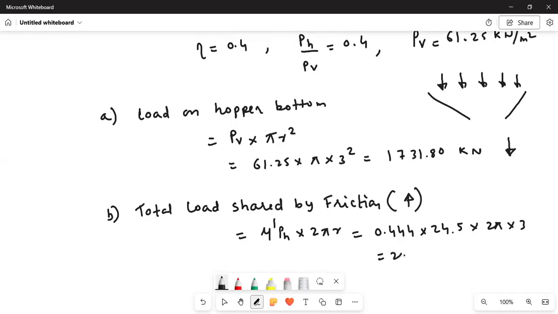This is coming as 205.05 kilonewton, which will be in the vertical direction because this is resisting the force.